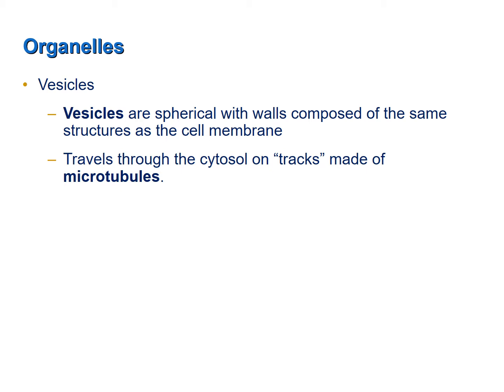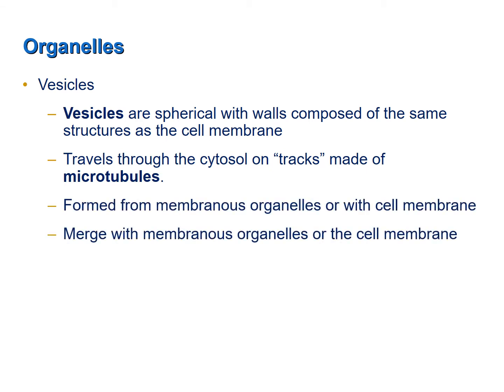They travel through the cytosol on tracks composed of proteins that form structures called microtubules. Vesicles are formed from membranous organelles or the cell membrane, and ultimately these vesicles are returned to membranous organelles or the cell membrane.